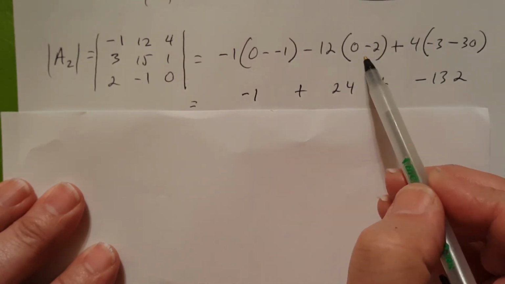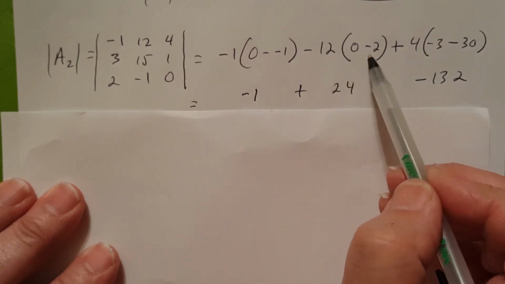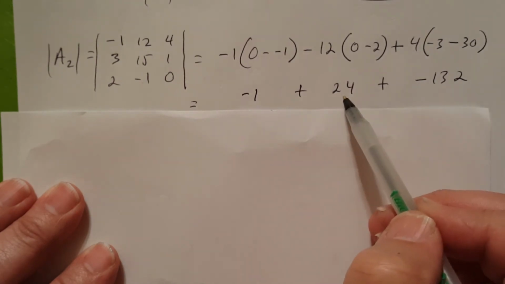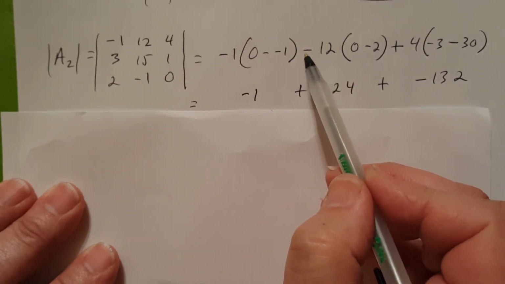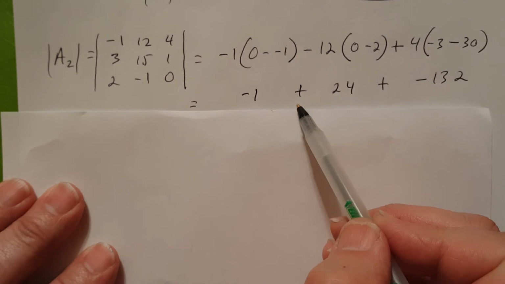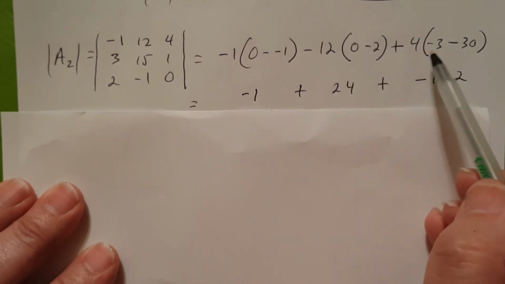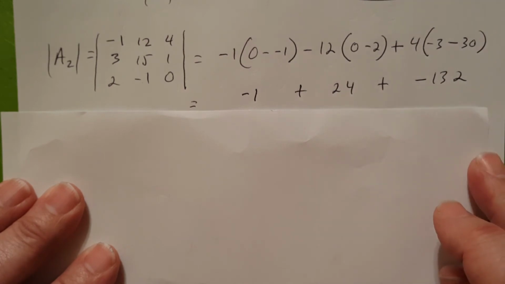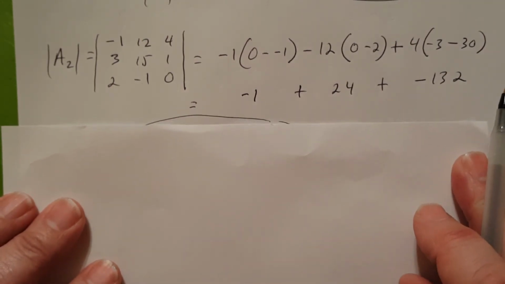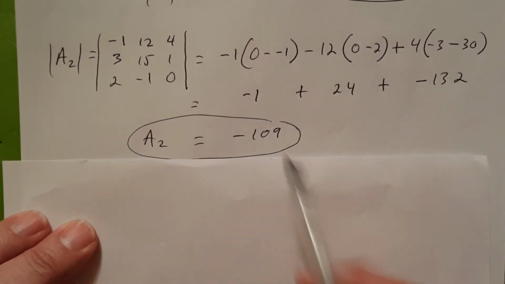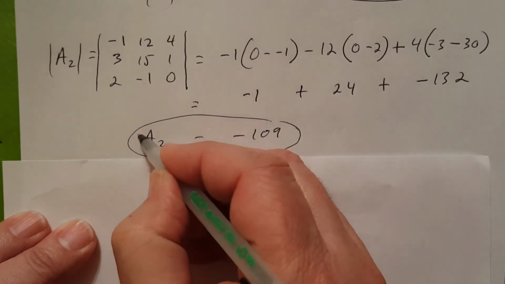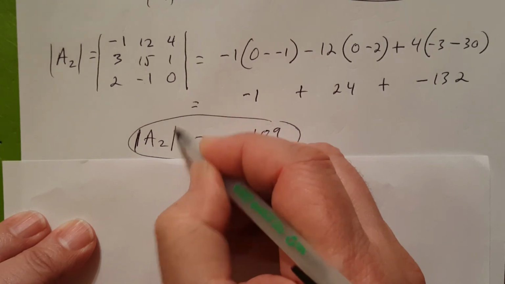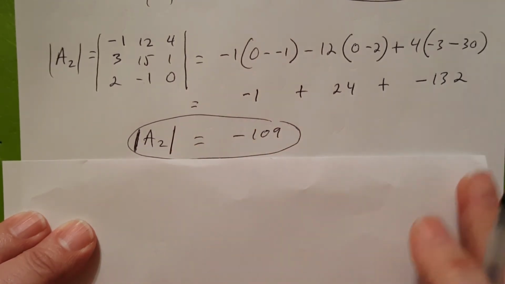This is negative 2. Negative 12 times negative 2 is plus 24. So it is minus, but when you minus a negative, it becomes plus. And then this is plus 4 times negative 33, which is negative 132. Again, do the math, and it comes out to negative 109. The determinant of A2 is negative 109.